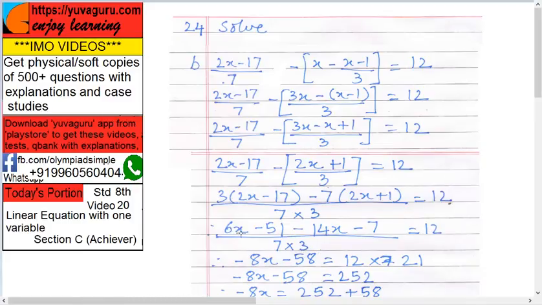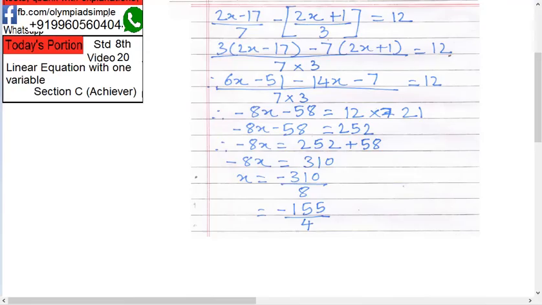So solve this now. 6x minus 14x is minus 8x. 51 and 7 both have minus sign, so minus minus plus: minus 51 minus 7 is minus 58. And this 12 into 21 as it is. You can multiply this and find the answer also, or you can keep it as it is. So minus 8x minus 58 equals 252, you can write.